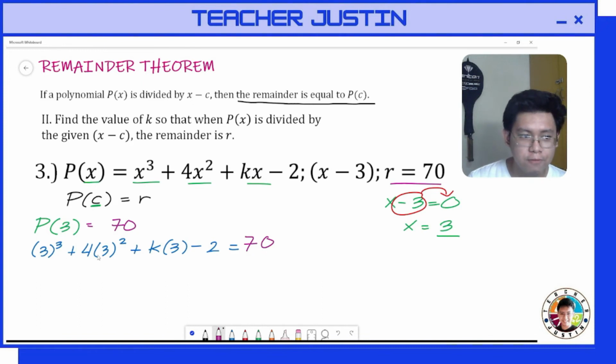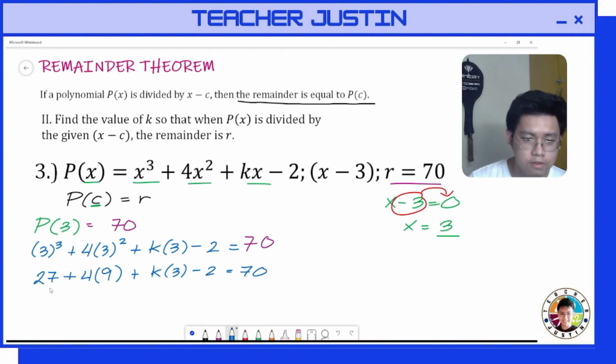So let's simplify first our exponent: 3 raised to 3 is 27 plus 4 times 3 squared is 9 plus k times 3 minus 2 is equal to 70. Then let's simplify further, giving us 27 plus 4 times 9 is 36 plus k times 3 will be 3k minus 2 is equal to 70.